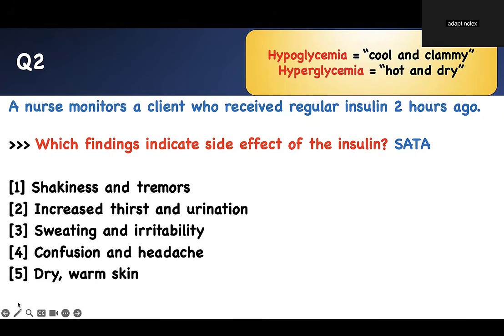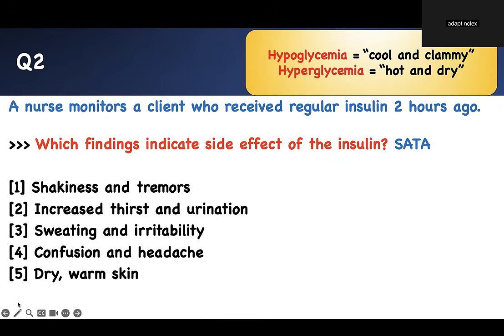Shakiness and tremor is a bad thing. Increased thirst and urination is consistent with hyperglycemic symptoms. Because if somebody is in DKA, you see them with urination and thirst. Sweaty and irritability sound like cold and clammy, shock-like symptoms. Confusion and headache sound like cold and clammy and shock-like symptoms.